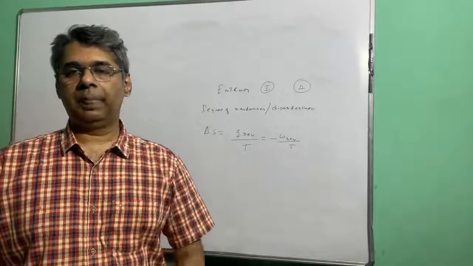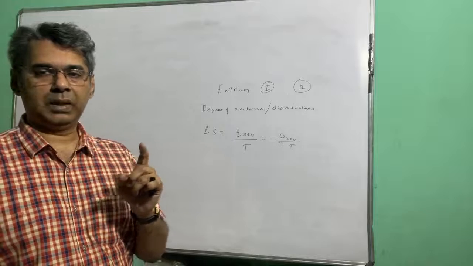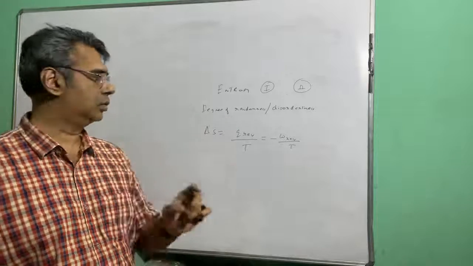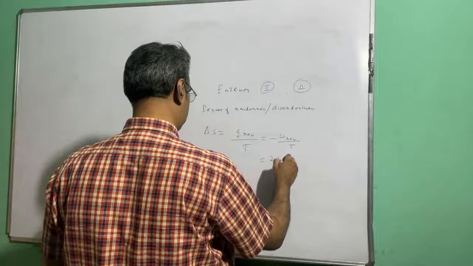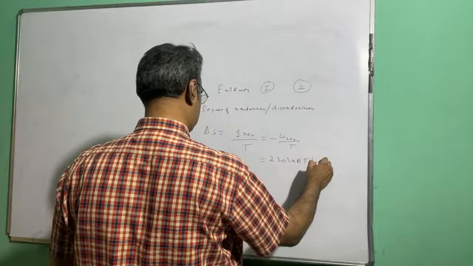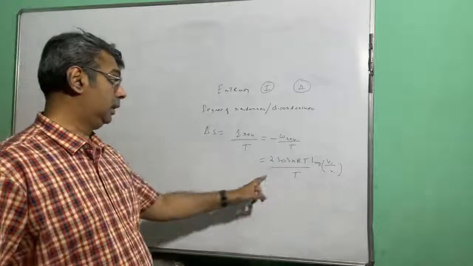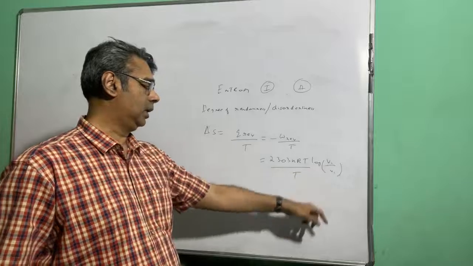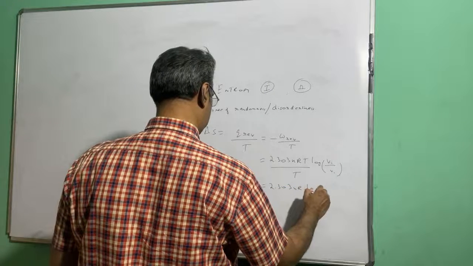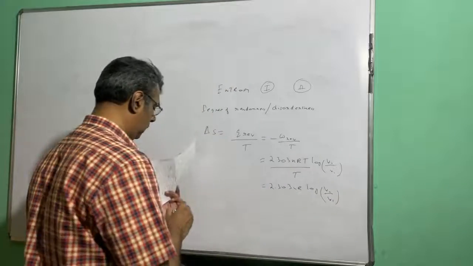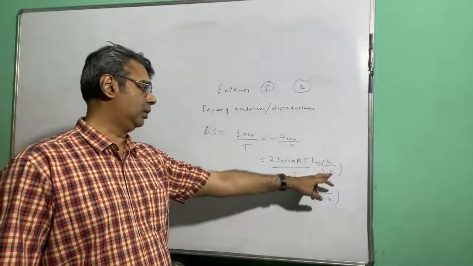We can write minus of reversible work done by temperature, because you know that delta U is Q plus W, and in case of constant temperature, delta U will be 0, so Q will be minus W. So minus reversible work done is 2.303 nRT log V2 by V1, divided by temperature.